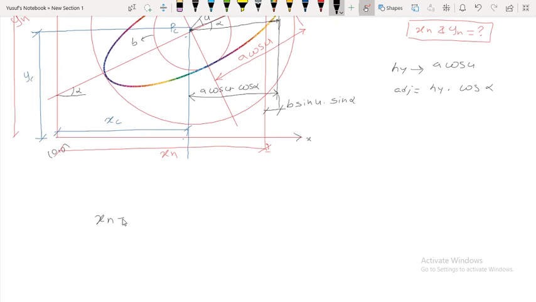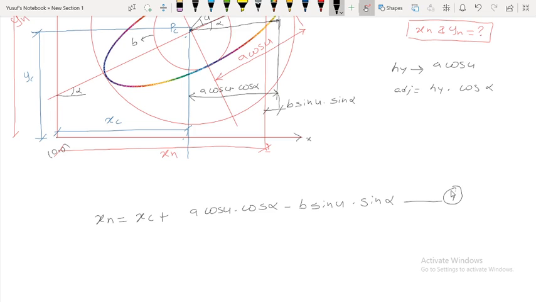Here I am writing, xn will be equal to this xc plus this length A cos U cos alpha minus this length B sin U sin alpha. So this is the equation to calculate the x component of the next point on the ellipse.